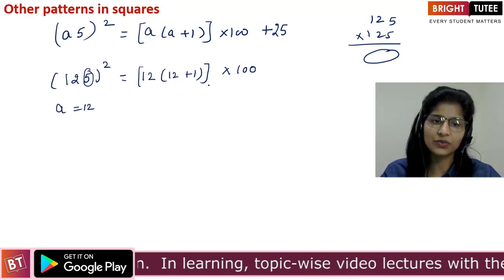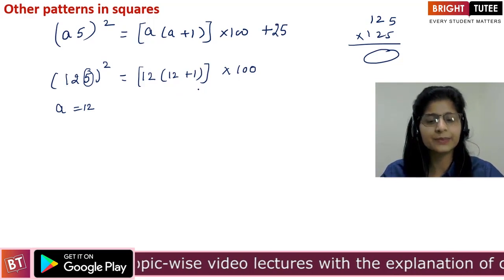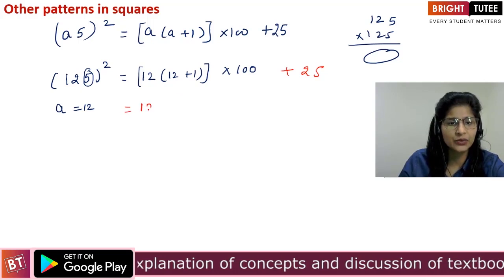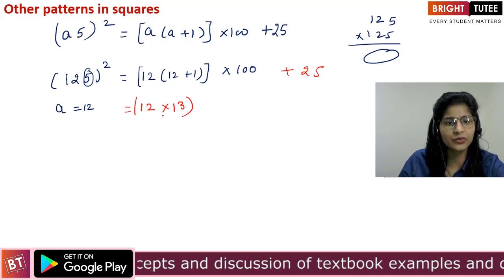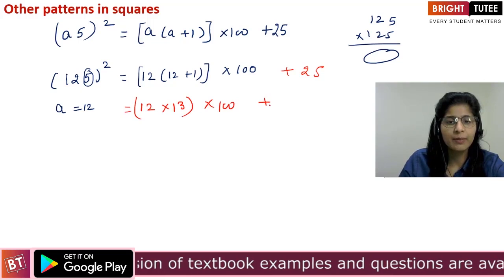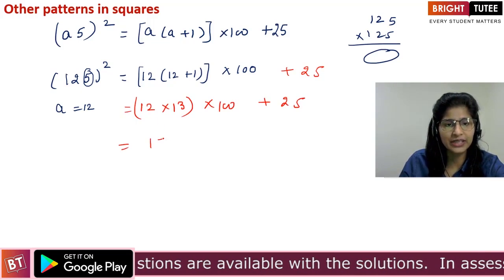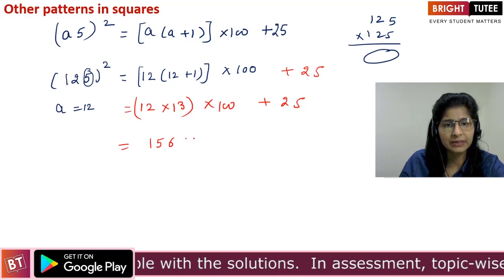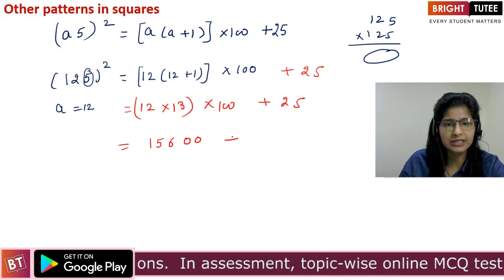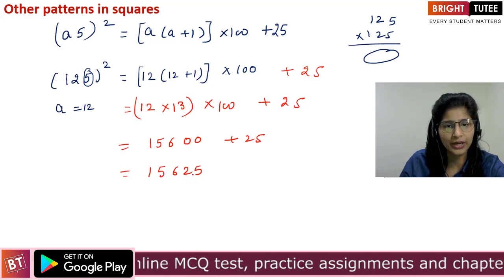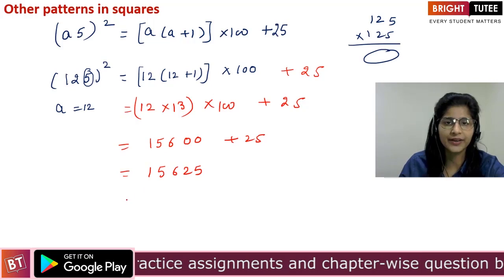Yes, and then we had plus 25. So 12 into 13 would be multiplied with 100 plus 25. 12 into 13, you will get 156. Multiplied with 100, plus 25. So the answer is 15625. This is the square of 125.